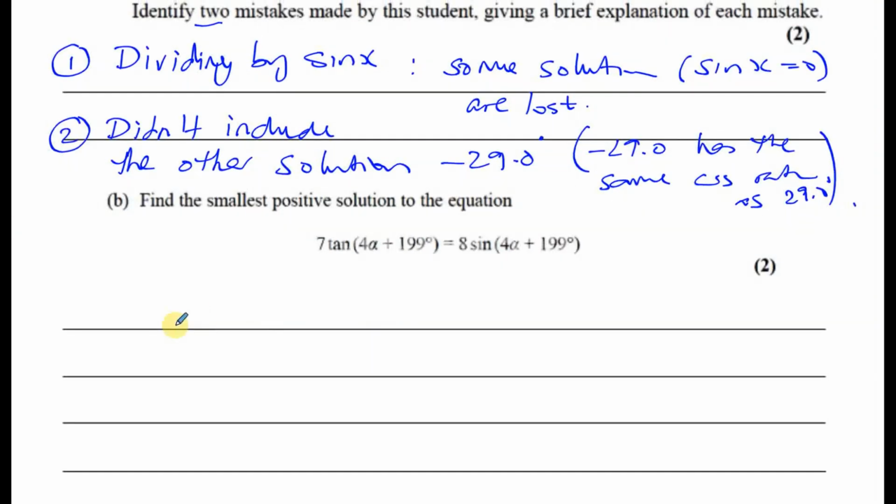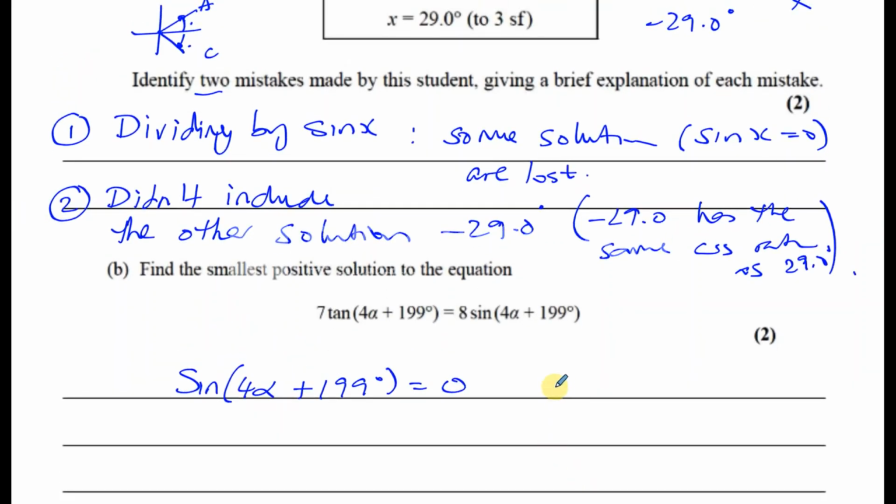So the sine of 4 alpha plus 199 degrees is equal to 0. And also we can use the two solutions from here: 4 alpha plus 199 degrees equals minus 29.0 and 29.0. So we've got those solutions that were missing.